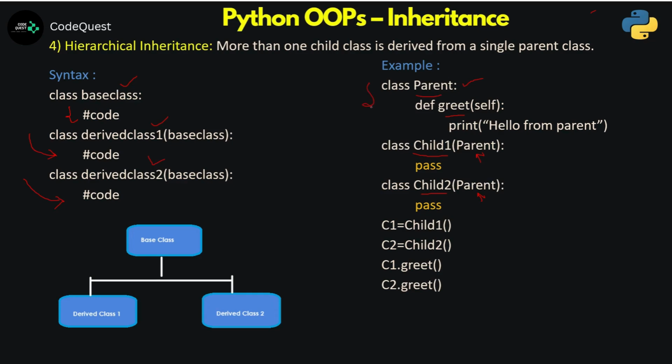So this is the base class from where we have derived Child1 as well as Child2. Now I have not put any content here, making them empty classes. And as we understand, Child1 and Child2 are both derived classes of this Parent. Hence, this method greet is available in Child1 as well as in Child2.